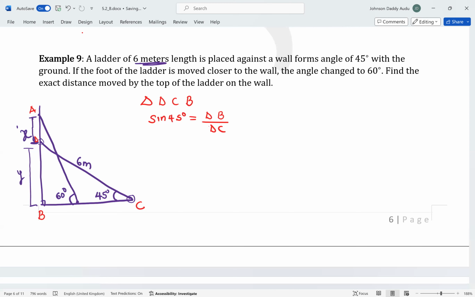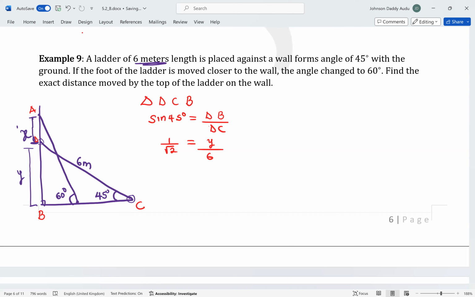Okay, but what is sine 45? It's 1 over root 2. What is DB? DB is just y, so this is y over DC. DC is the length of the ladder, which remains 6, right?